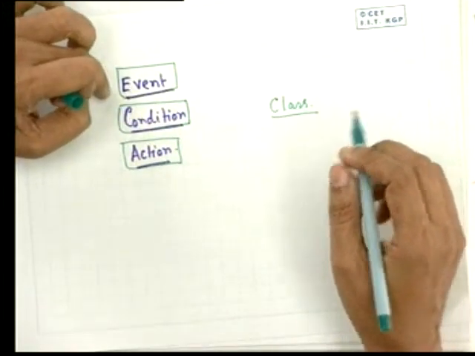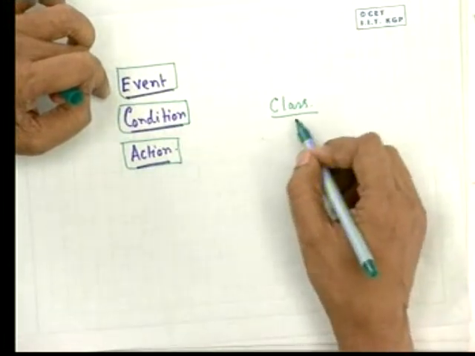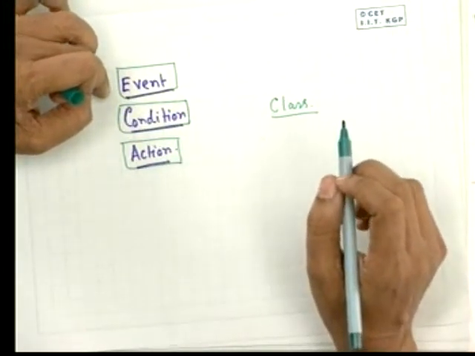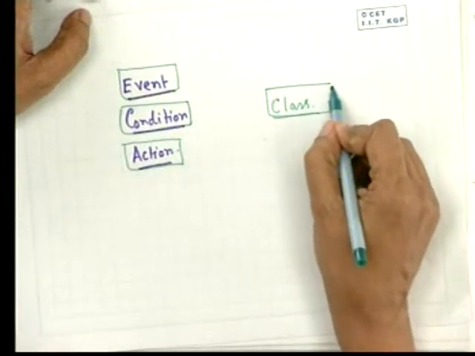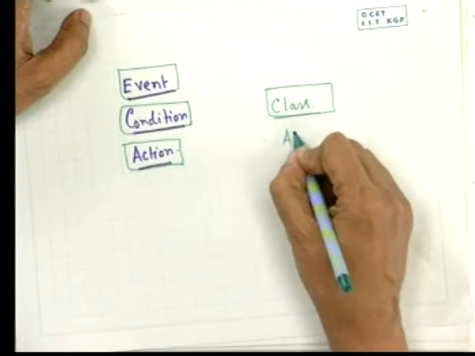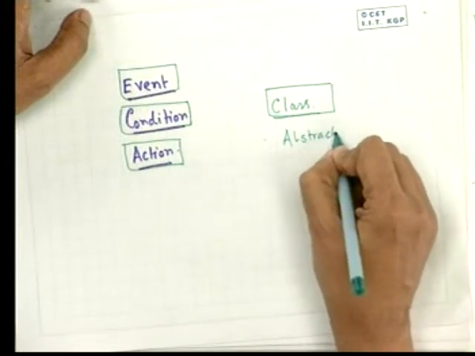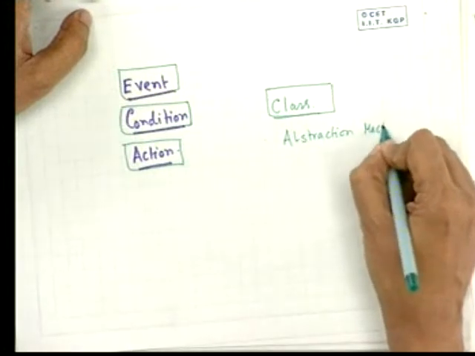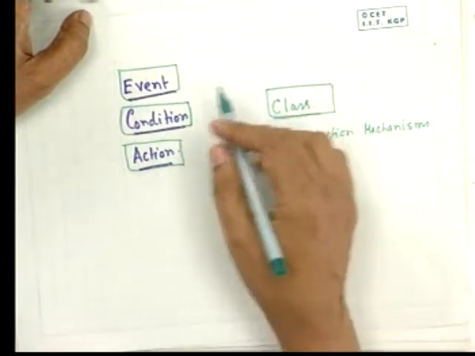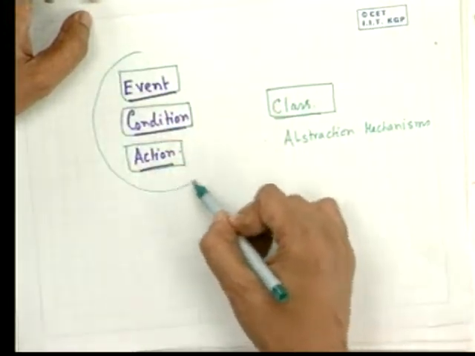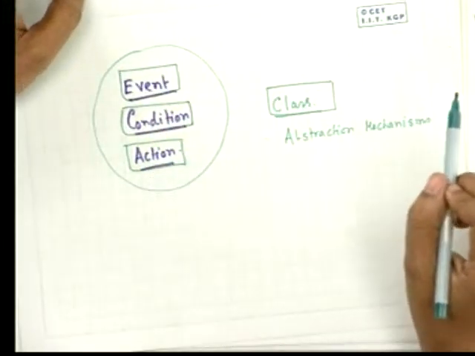We should also identify the events which the objects in this class will subscribe for, and the operations that can be performed as a consequence of the events. Along with the static structure of the objects that we defined earlier in terms of the abstraction operators, the dynamic behavior will be described using these three features, and that will give us the complete specification of the dynamic behavior of the object.